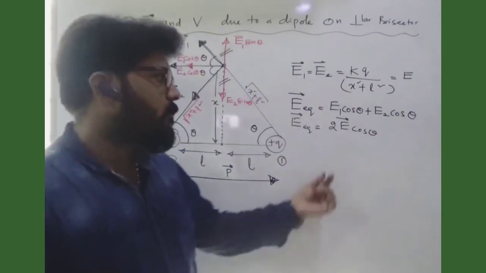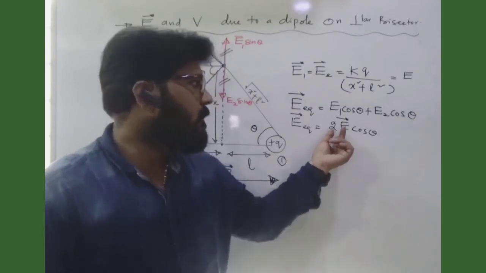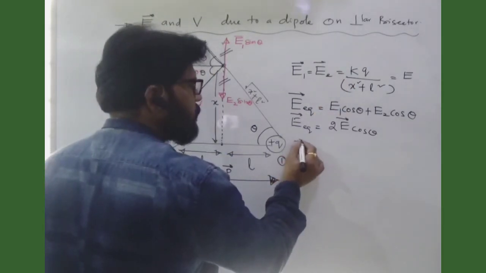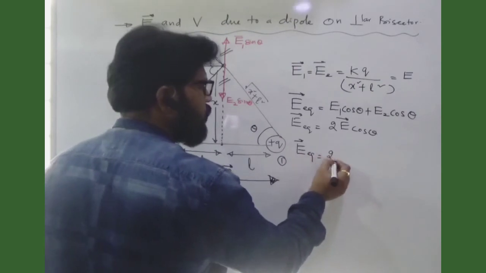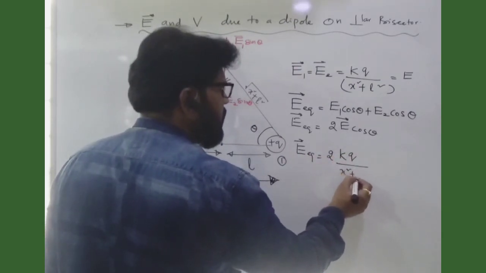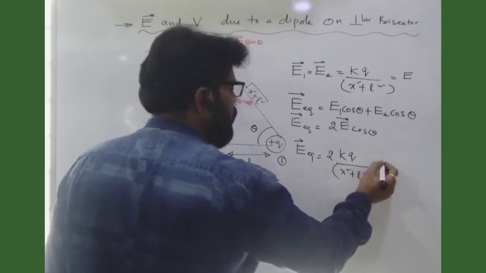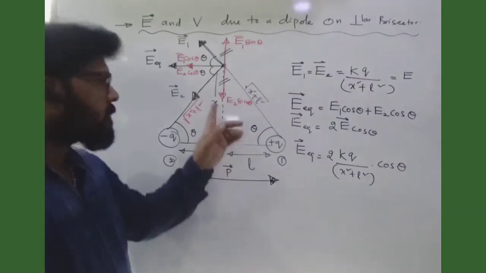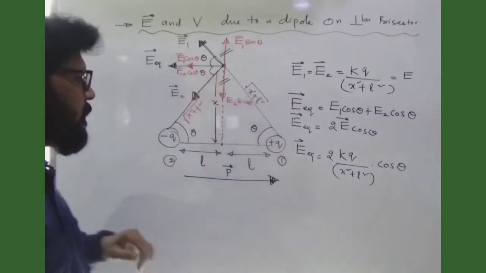Fine. So what is E now? E is already there, we will substitute. E equatorial is equal to 2 into KQ divided by x square plus L square into cos theta. Now what is cos theta from this one? Can anybody tell?